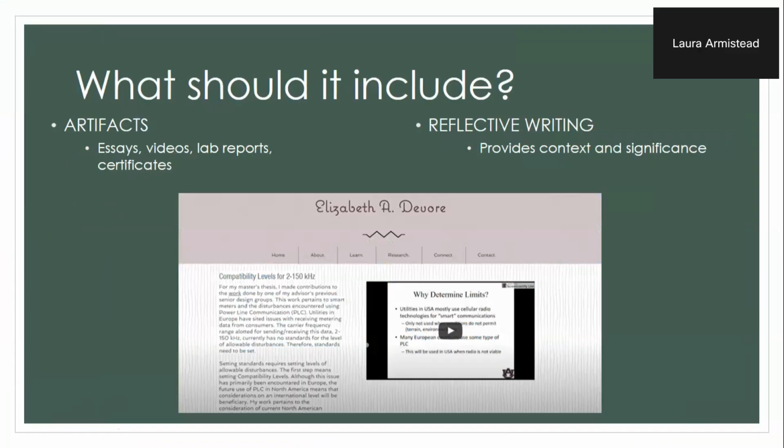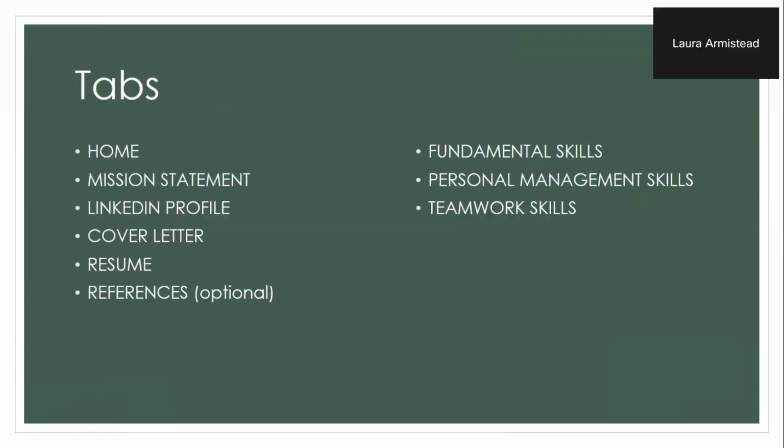Most e-portfolios have hyperlinks, those tabs that take you to other parts. And here's an example of some of these tabs. So it identifies the different parts of your portfolio. Everybody organizes these differently. So for example, you may choose to put your resume, cover letter, and references under a tab called Employment Documents.